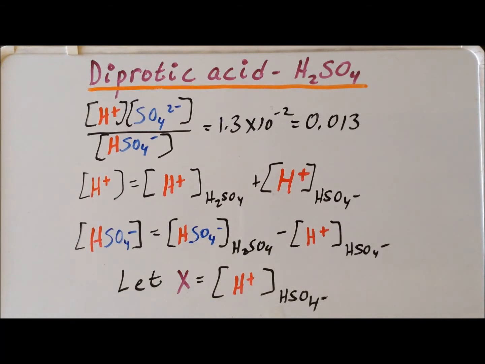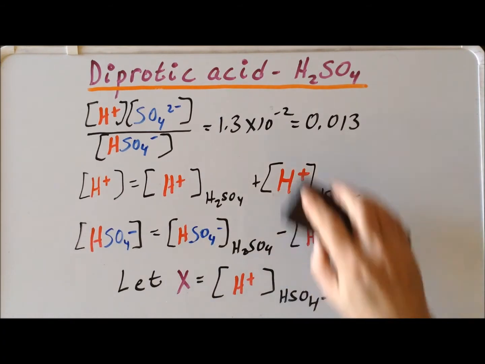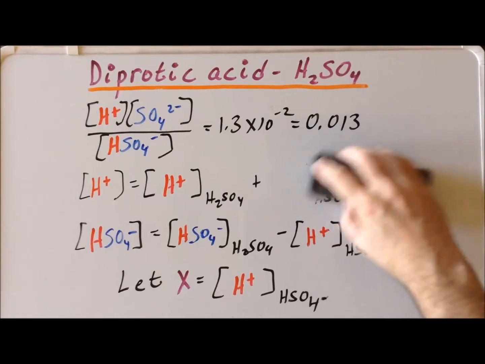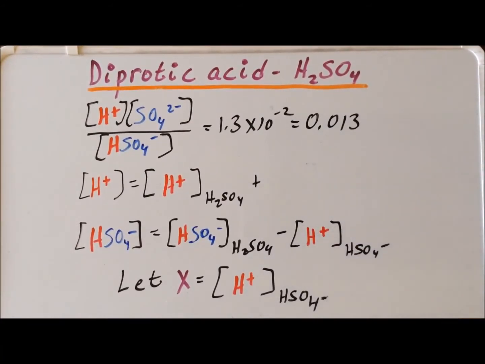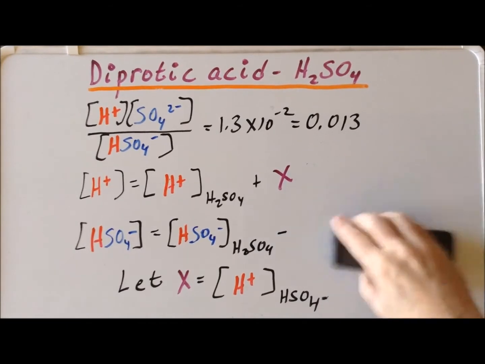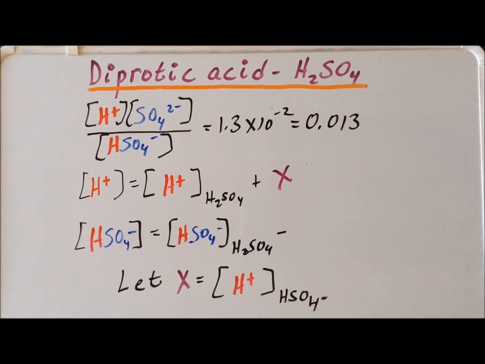Once we made this assignment, we can substitute our variable x in for these expressions. So we get a plus x for the first expression, and we get a minus x for the second expression. So you have to be very careful with the signs in this type of a calculation.